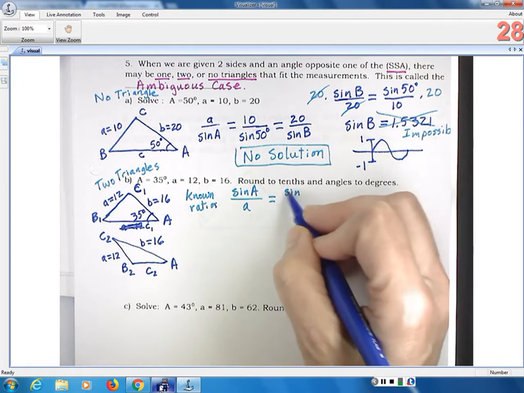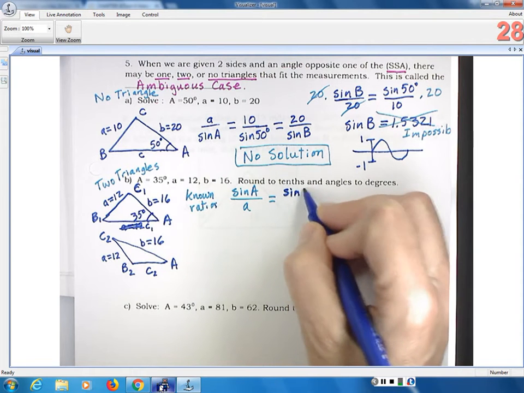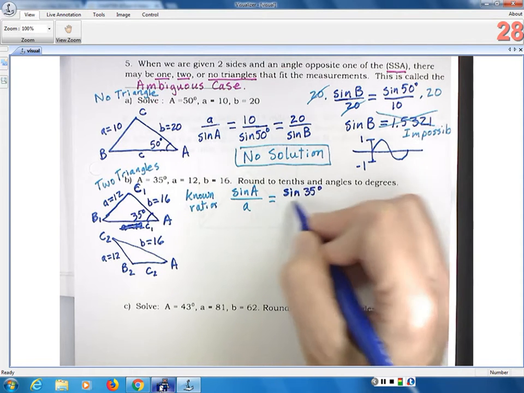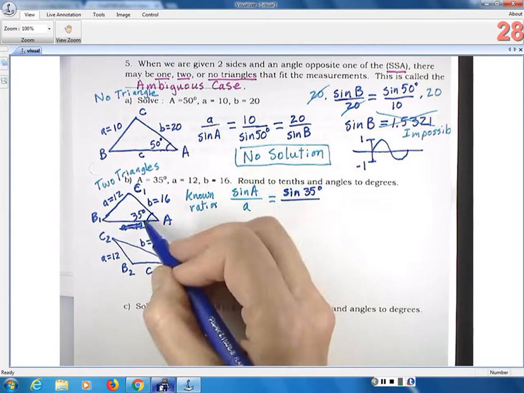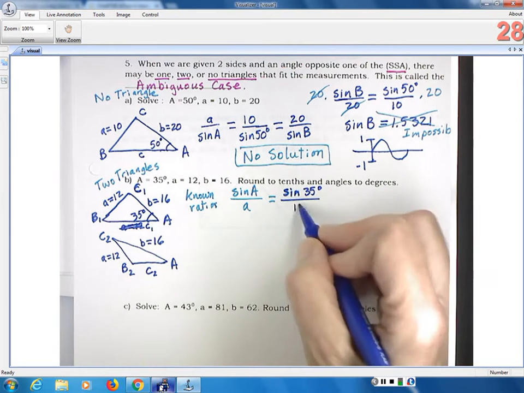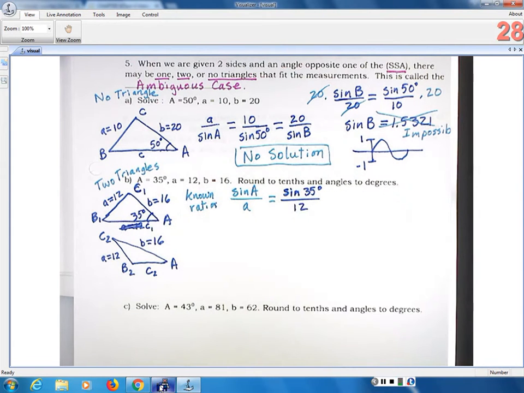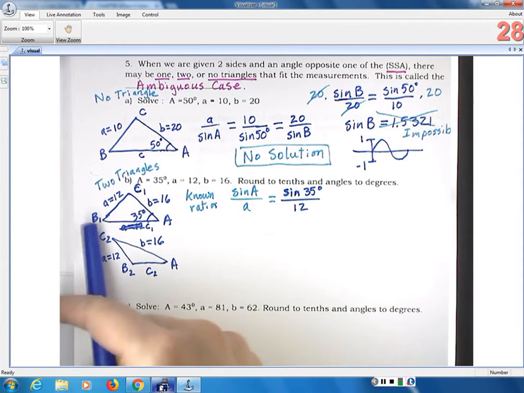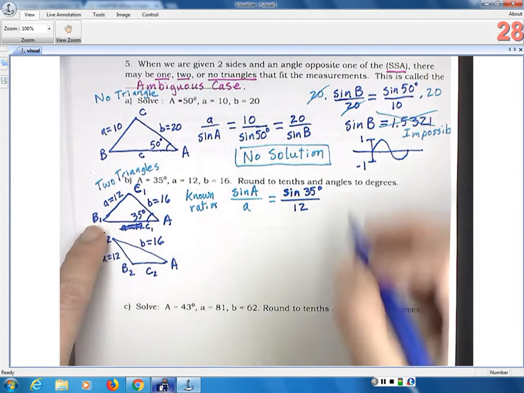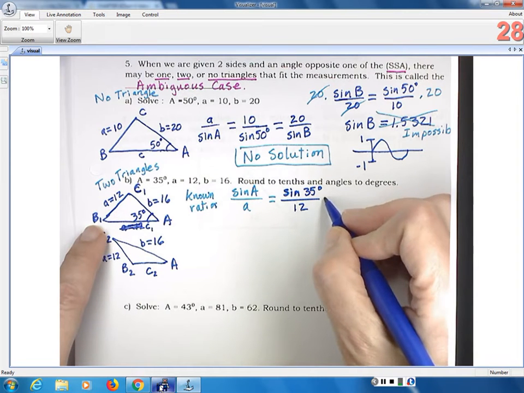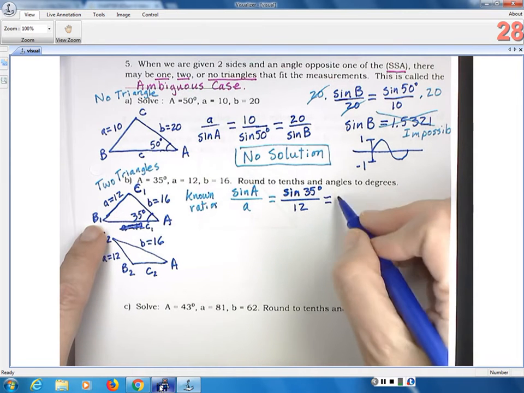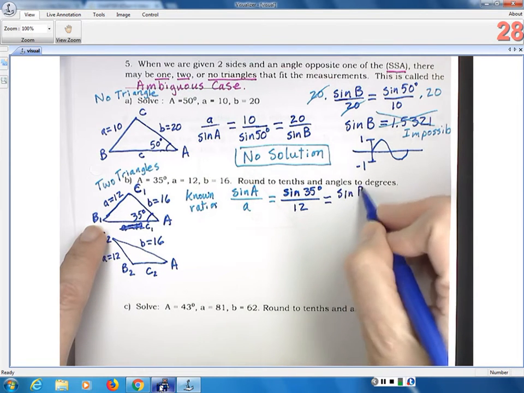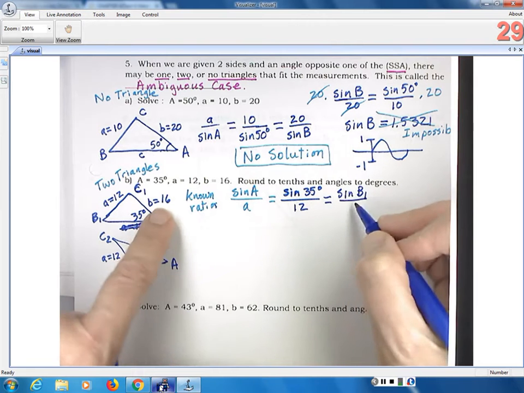Sine of 35 degrees divided by 12. That's our known ratio. And we have a known side of B, so we can find angle B1 next. That's going to be sine of B1 divided by 16.